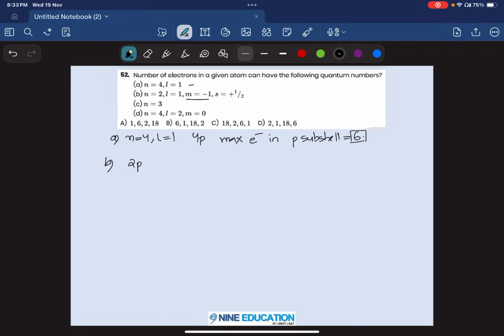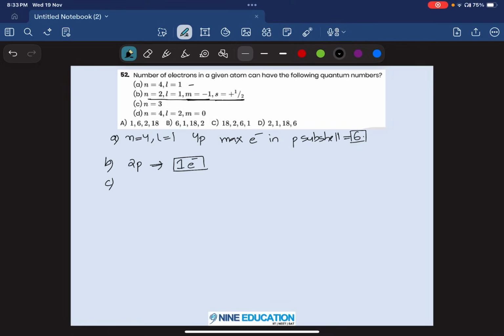Magnetic quantum number is mentioned and spin is mentioned. You know that no two electrons will contain the same set of quantum numbers. Since all quantum numbers are mentioned, these quantum numbers depict only one electron. So for the second part, only one electron will have this set of quantum numbers.